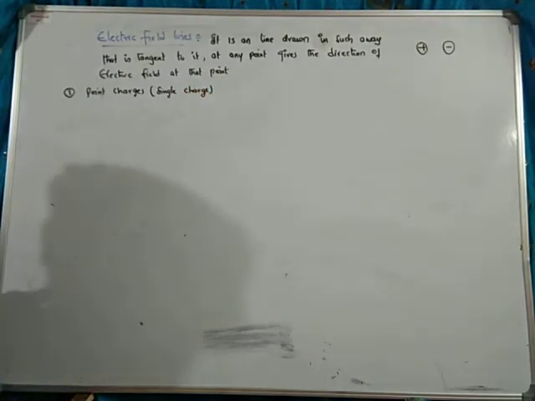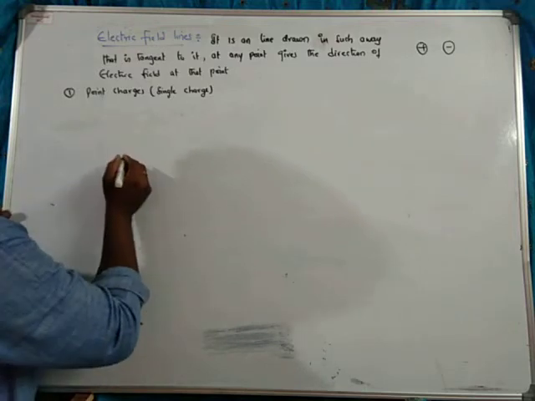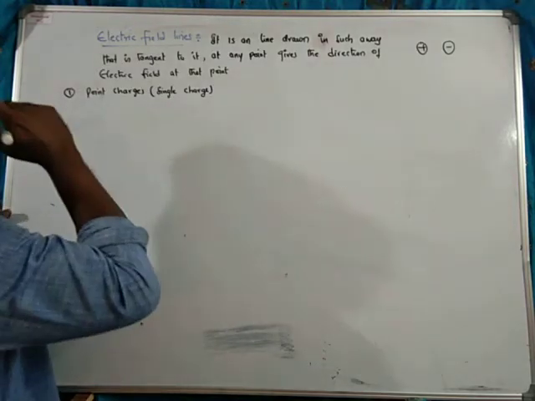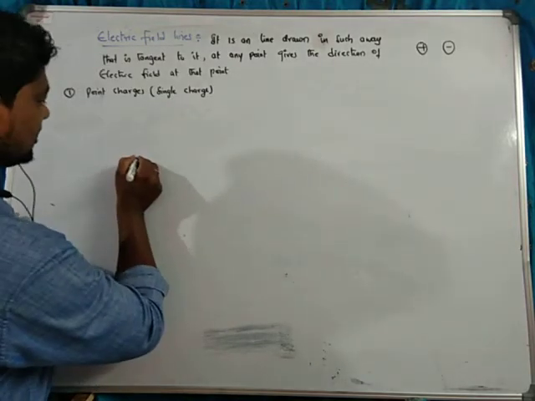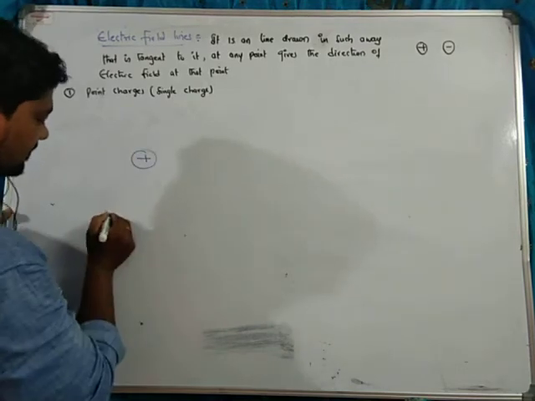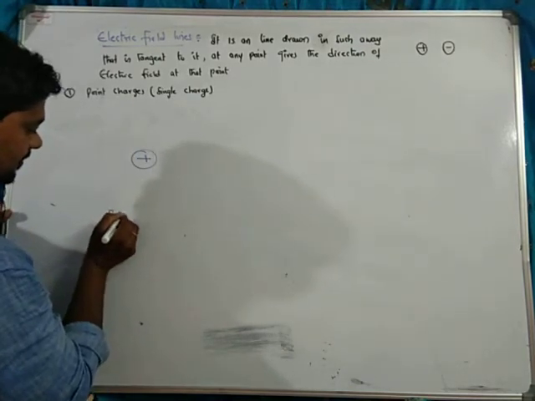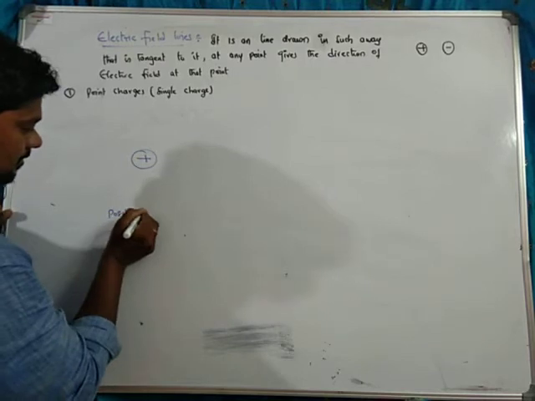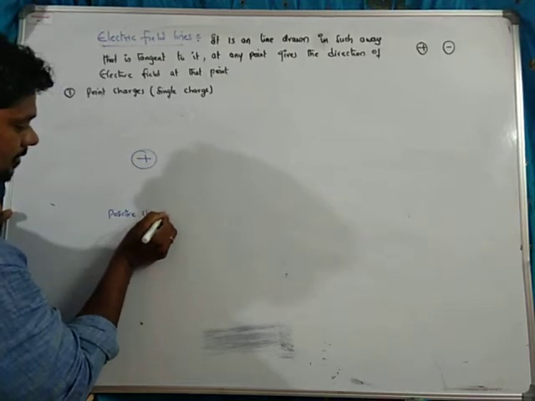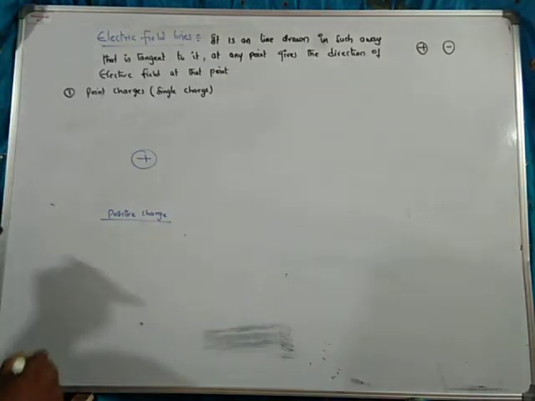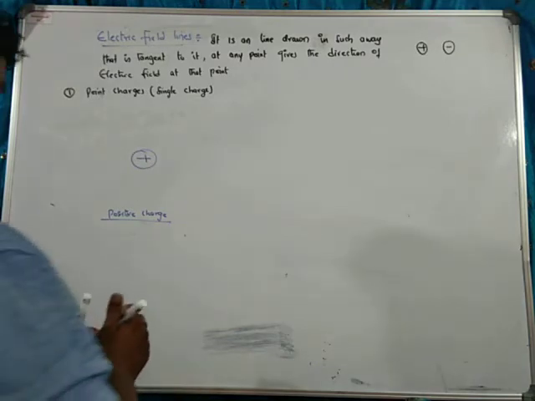Single charge means we will consider either a positive charge or a negative charge. First we will represent a single charge as a positive charge. Here we have only a single charge.